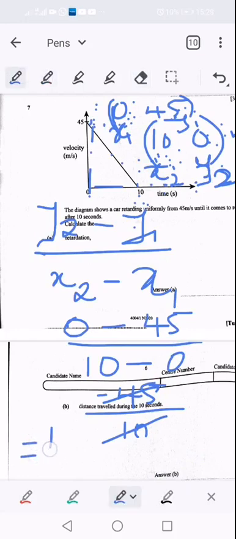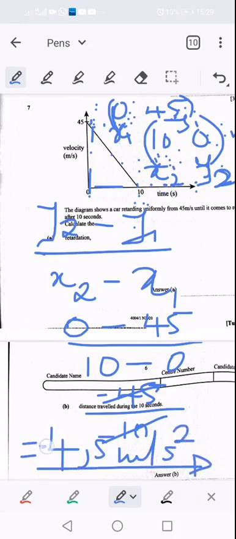So our final answer is minus 4.5 meters per square second. That is our answer, the retardation, or the gradient.